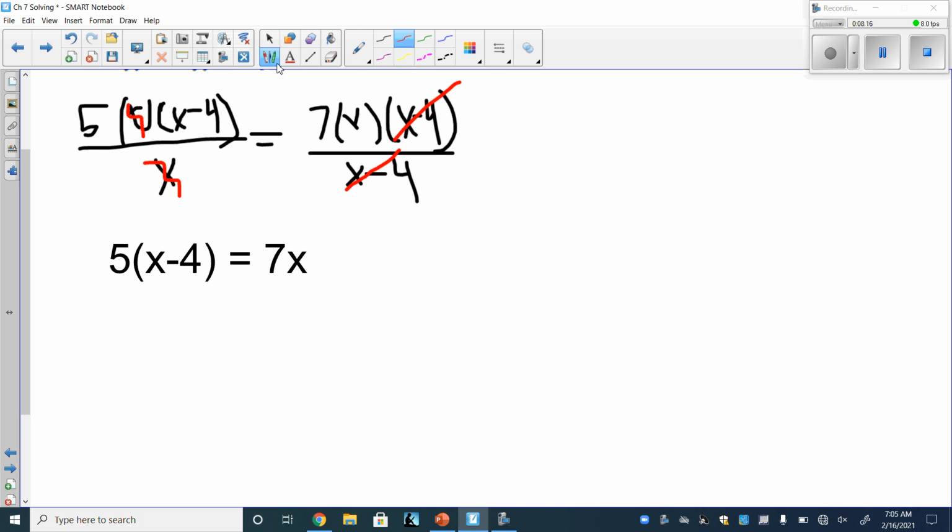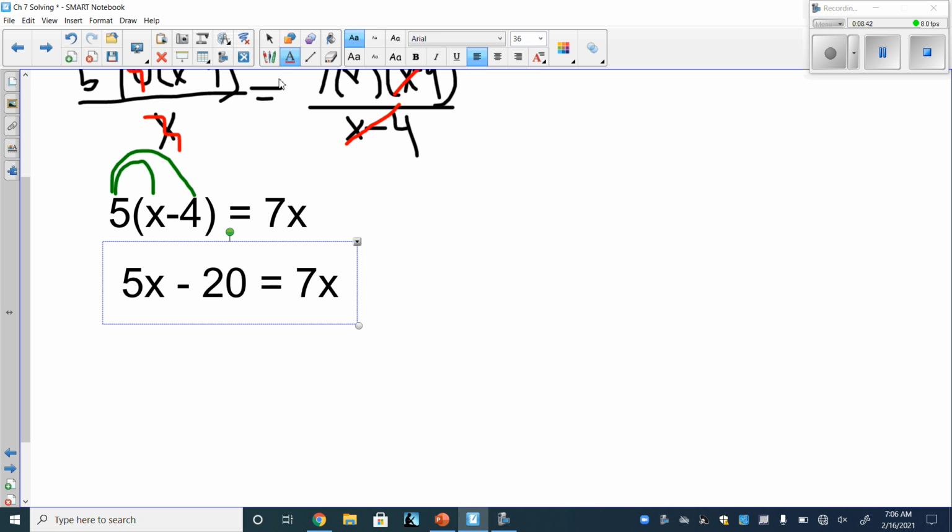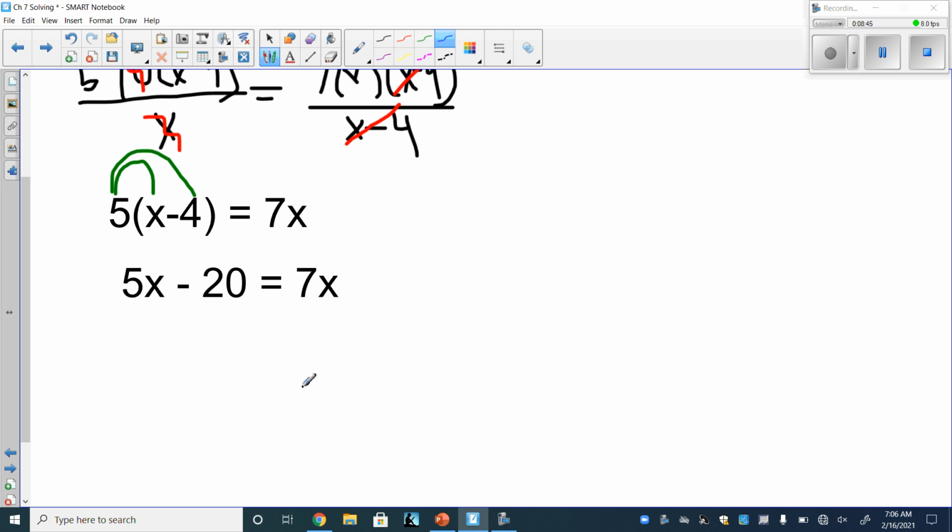And what we can do at this point is solve for the value of x. The first thing we can do is distribute the 5. 5 times x would be 5x, and 5 times negative 4 would be negative 20, is equal to 7x. Again, we need to solve for the value of x, so it's going to be helpful to get the x's all on the same side of the equal sign.